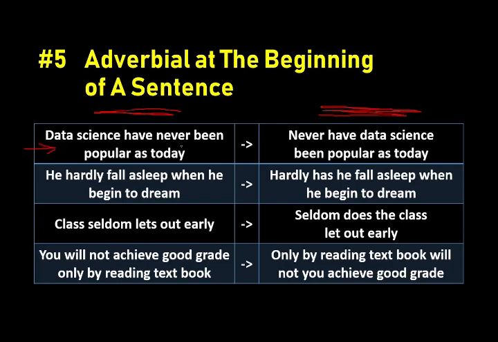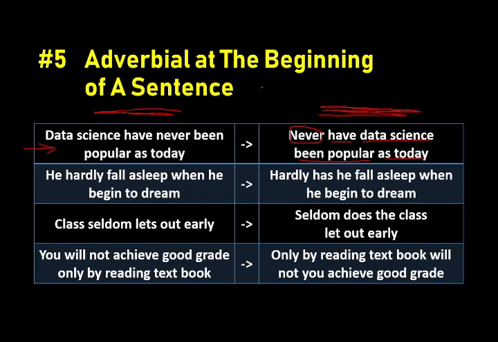Data science has never been as popular as today. When the adverbial is at the beginning of the sentence, here never is the adverbial. We see the auxiliary have and then the subject data science followed by the verb been popular and the complement as today.